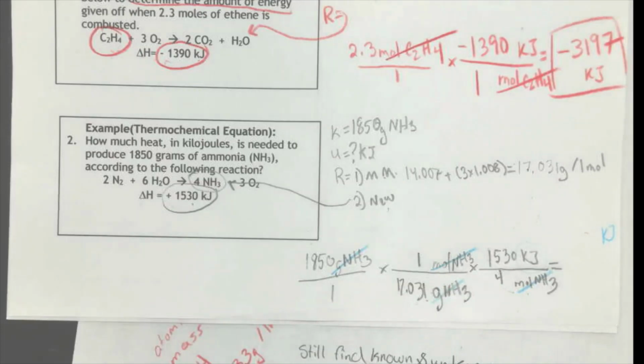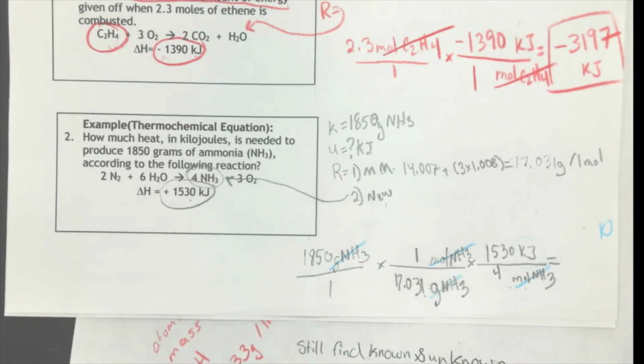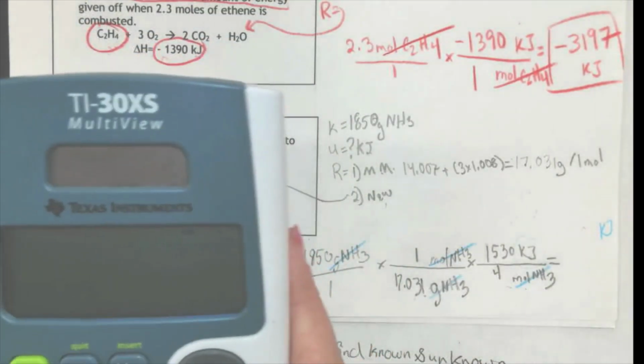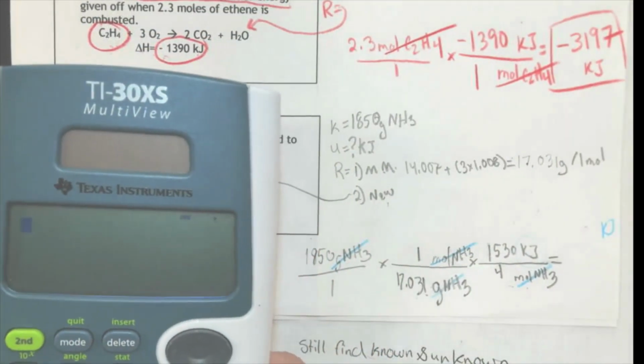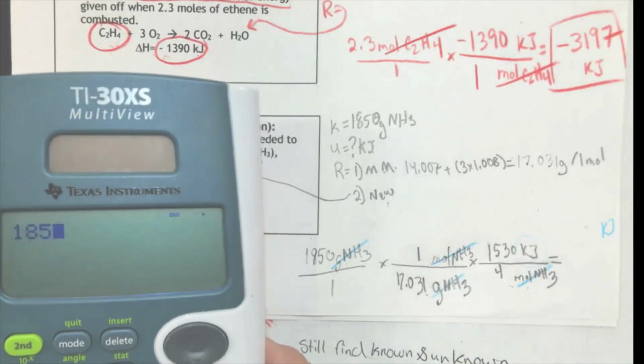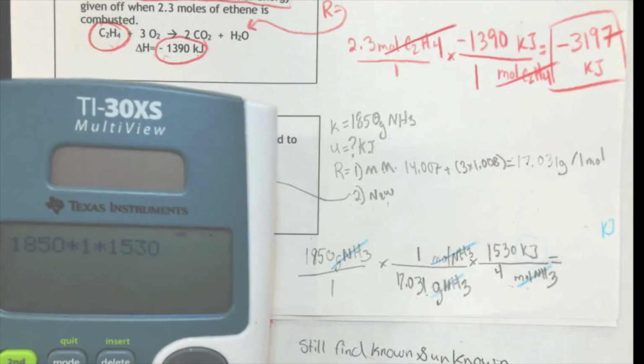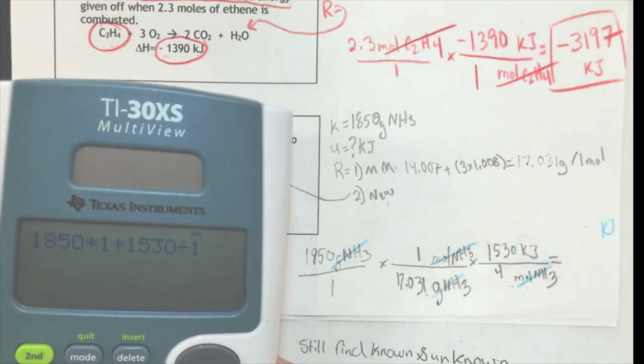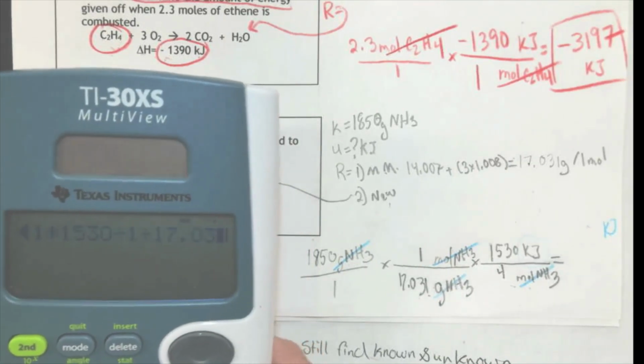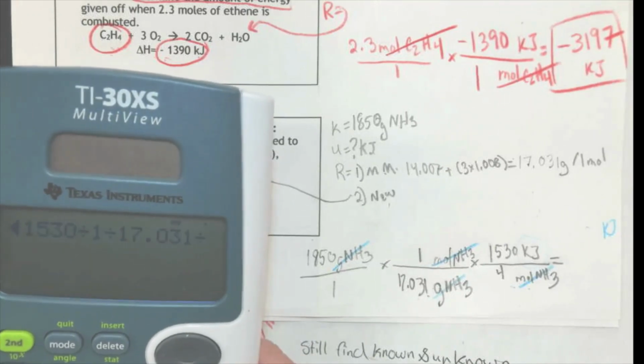Next we multiply. I multiply all my numbers on top of my fractions and then I divide by all my numbers on bottom. Remember, there's more than one way to solve for these problems and calculations. 1,850 times 1 times 1,530, divide by 1, divide by 17.031, and divide by 4.